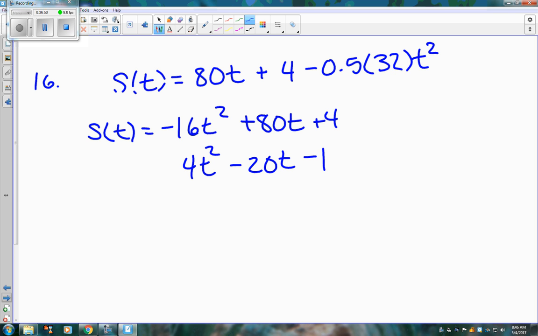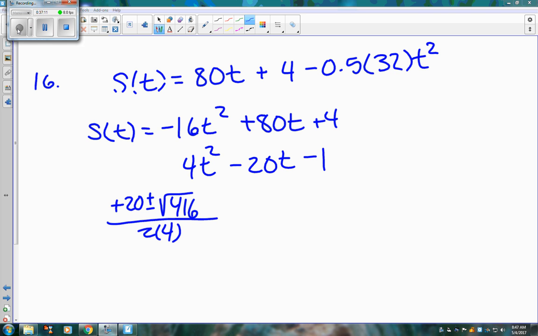How are you going to solve it if the number in the radical is negative? 20 plus or minus the square root of 416 over 2 times 4. Everyone needs to have the calculator and do this. I'm tired of asking. It's just taking y'all way too long to find the answer. What is it? E.